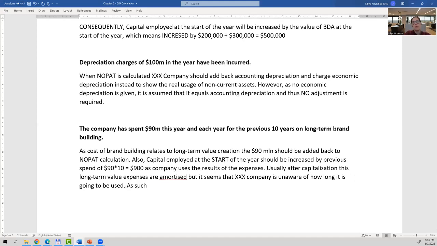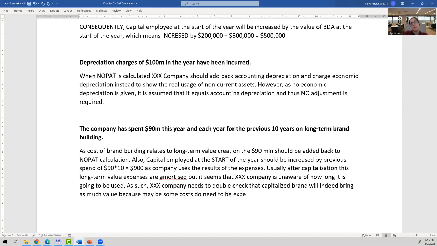As such, the company needs to double check that the capitalized brand will indeed bring as much value, because maybe some costs do need to be expensed in current periods. Okay, so that is it.